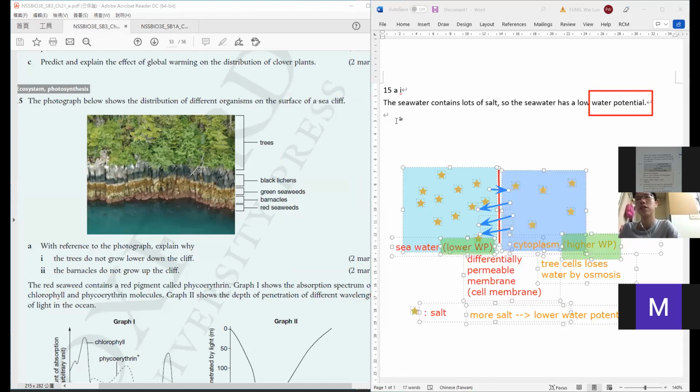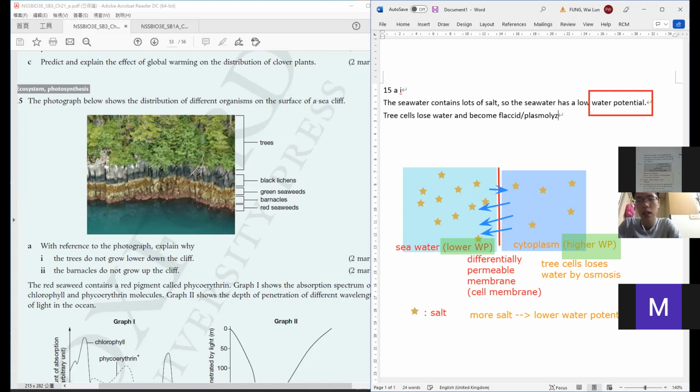If this situation goes further, tree cells lose water and become flaccid or plasmolyzed. When they're flaccid, when they're plasmolyzed, what happened then?